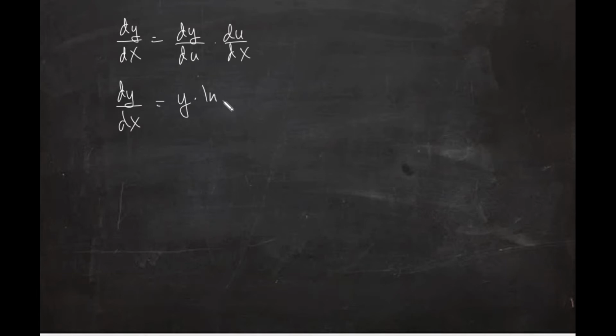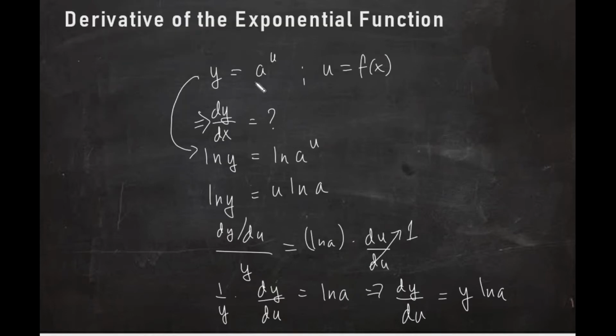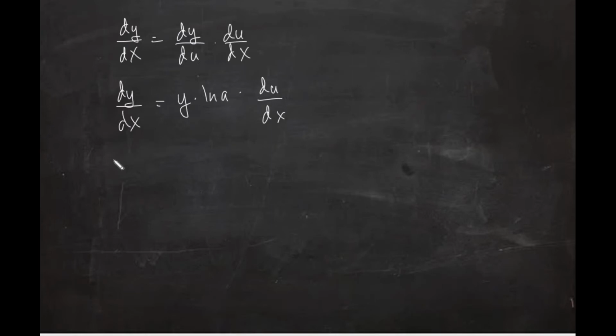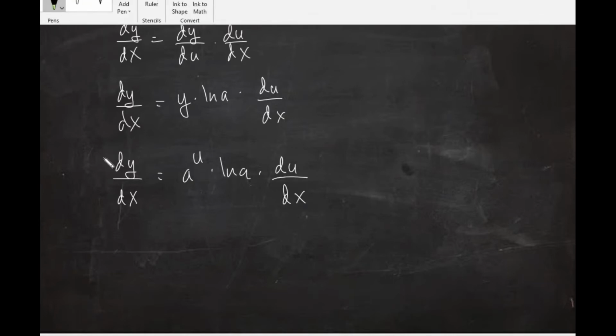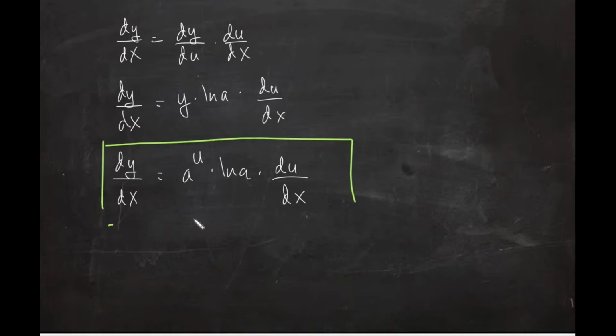So we have y times ln a times the derivative of u with respect to x. But what is y? y is equal to a raised to u. So finally, the derivative of y with respect to x is equal to a raised to u times ln a times the derivative of u with respect to x. That is our formula for the derivative of a raised to u.